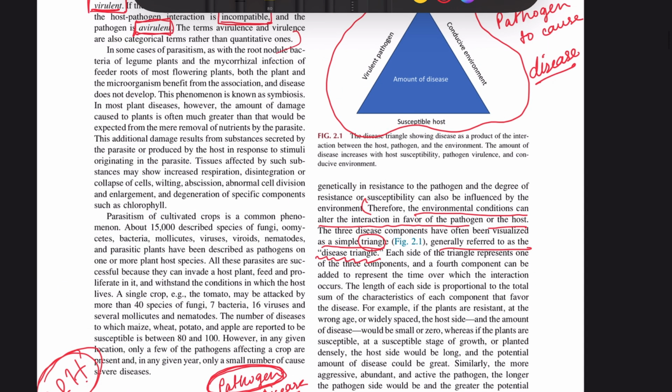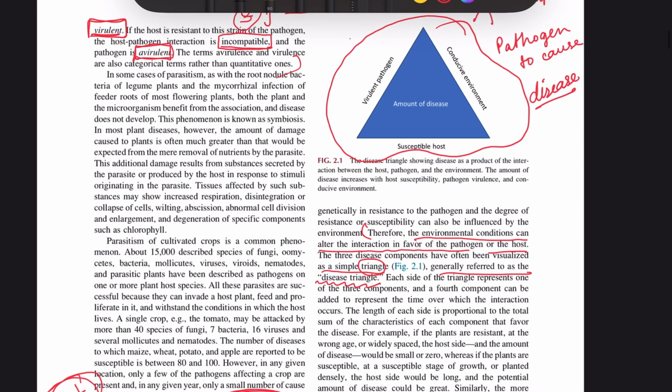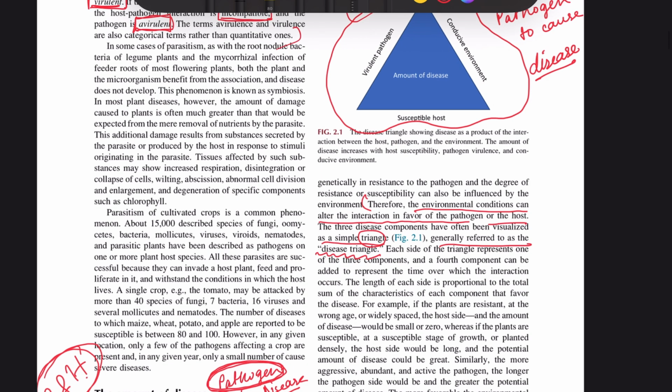This is called the disease triangle. Each side of the triangle represents one of the three components, and a fourth component can be added to represent the time, over which the interaction occurs.